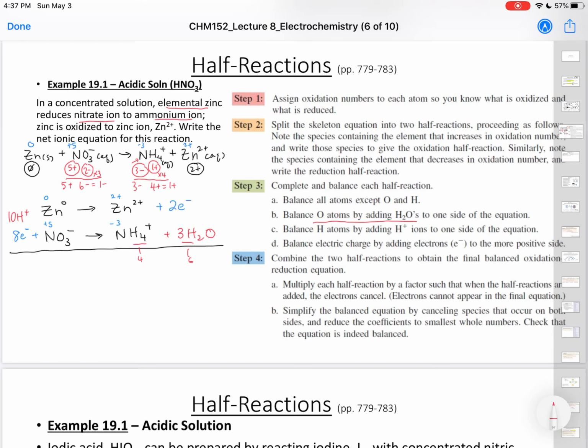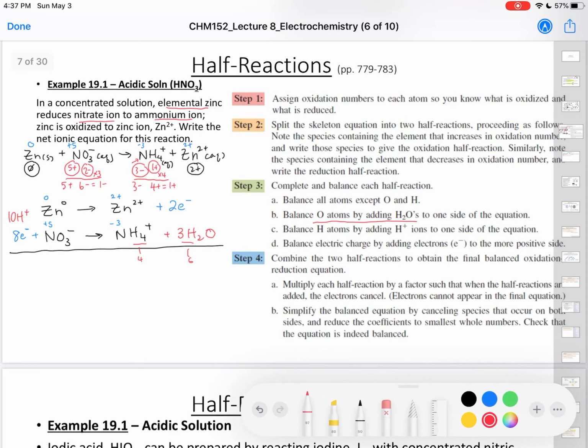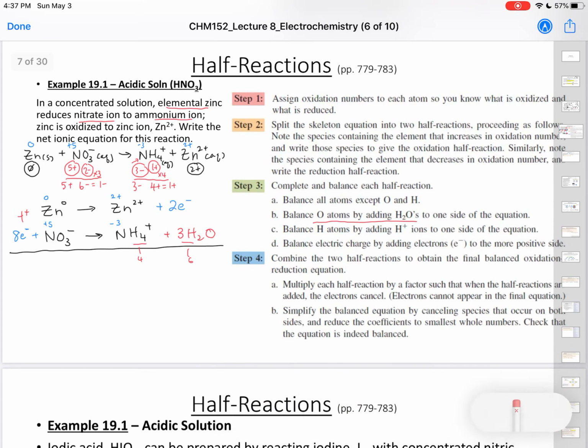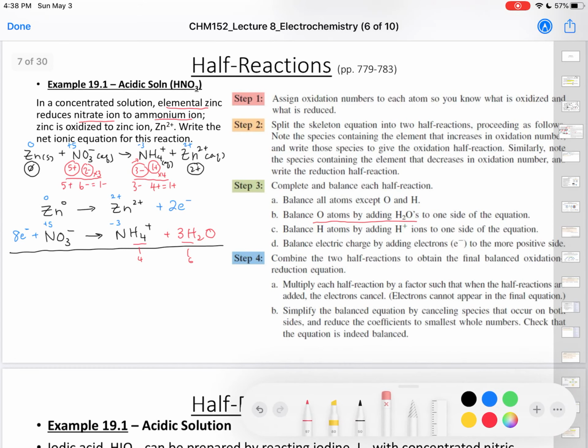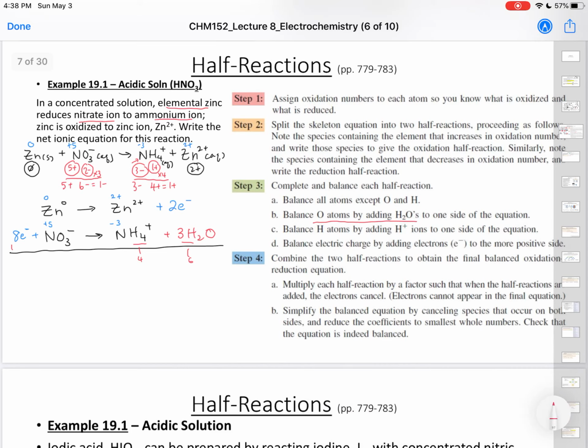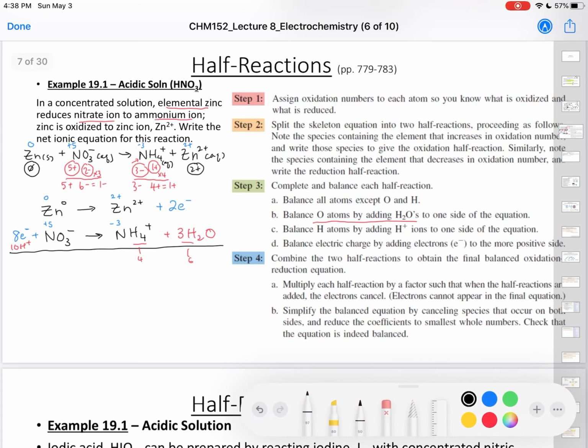This is good. Okay? One more thing we need to do. Let me just write these 10 hydrogens down low so I know that it's part of that second equation. 10 H pluses. Okay. Last thing we need to do is to figure out the number of electrons.